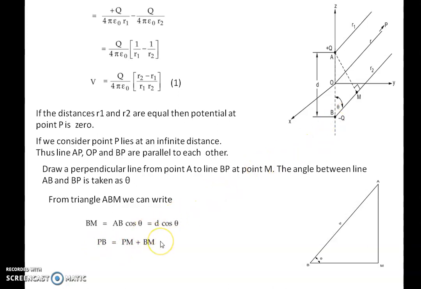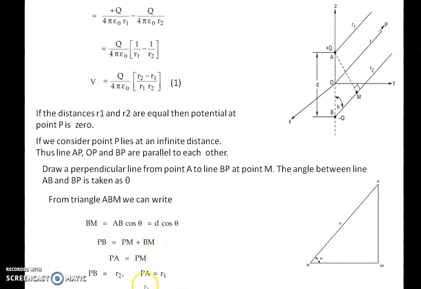BM is D cos theta. Here, if you consider this as a perpendicular line, then PA, the line joining from here to P, is equal to PM. So I can write PA is equal to PM.